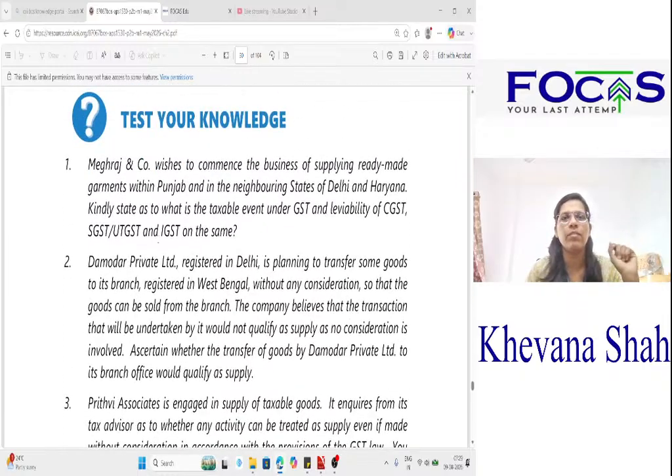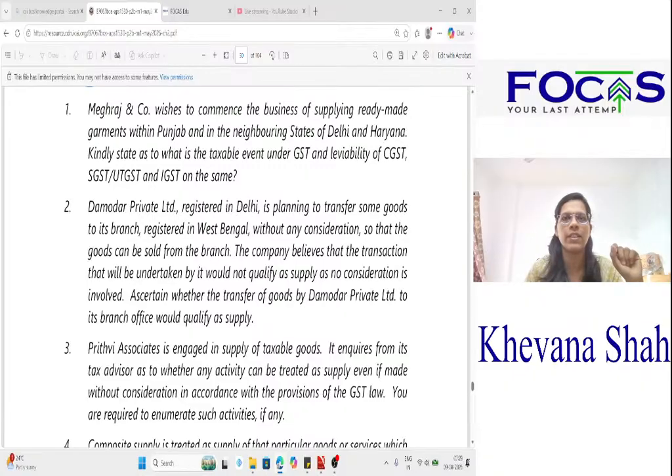Meghraj and Company wishes to commence the business of supplying ready-made garments within Punjab and in the neighboring states of Delhi and Haryana. Kindly state as to what is the taxable event under GST and leviability of CGST, SGST, UTGST and IGST on the same. So see here, Meghraj and Company is wishing to start the business of supplying ready-made goods.